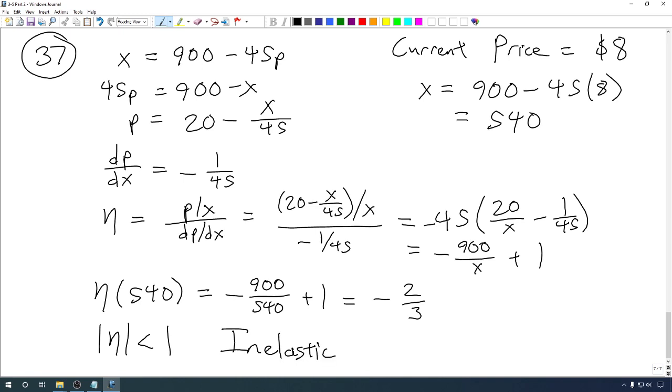That's the case where dR/dx is negative. That means that if we attract more customers, we will have a decrease in revenue. So lowering the price is going to attract new customers, but that's going to result in less money overall. And that's the way all this stuff is kind of used.